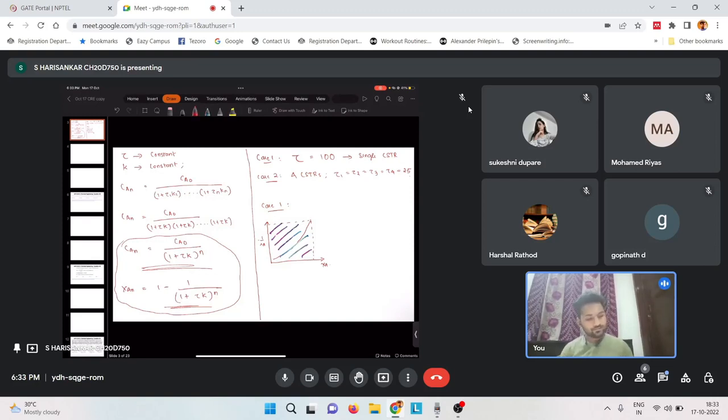But if we take case 2, we have the same operating line here. So this will be our operating line. And let's say our first reactor gives a conversion of XA1. And the second reactor gives a conversion of XA2. And the third reactor gives a conversion of XA3. And the fourth reactor gives a conversion of XA4. So now the area under this curve will be like this.